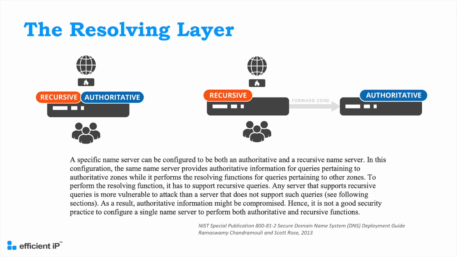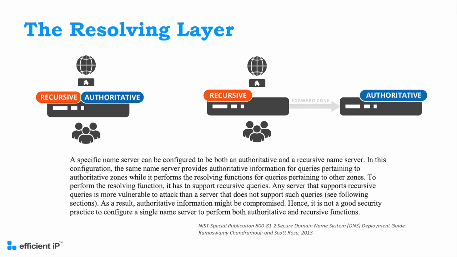There's also CVE-2020-25705 that is published around SAD DNS. And again, this is another one that absolutely takes advantage of authoritative servers that are doing recursion. So then what the NIST spec introduces, well, more than introduces, is a resolving layer.